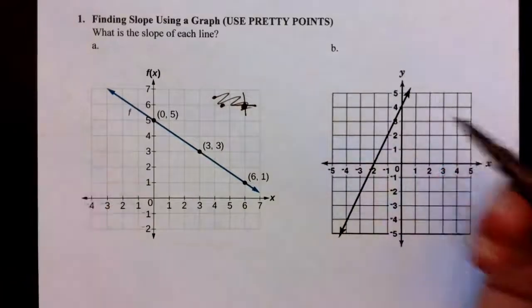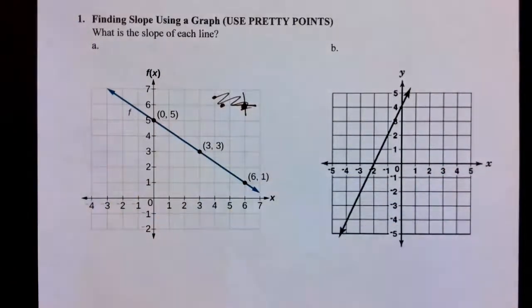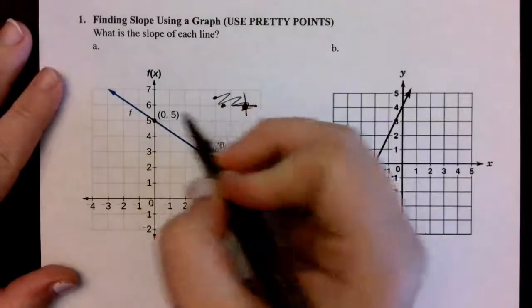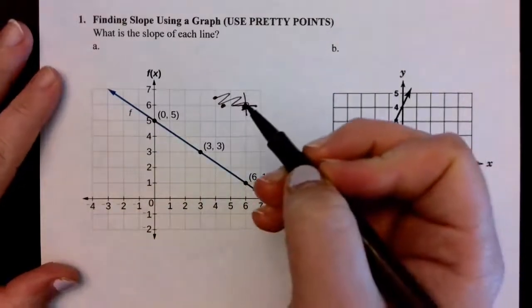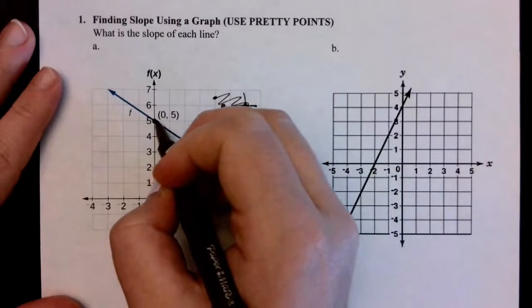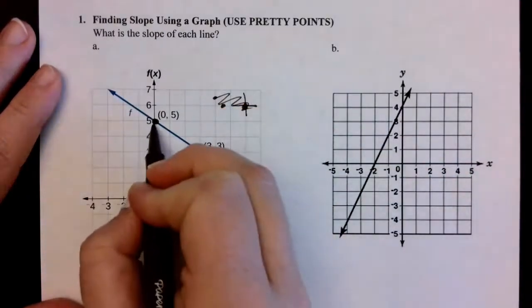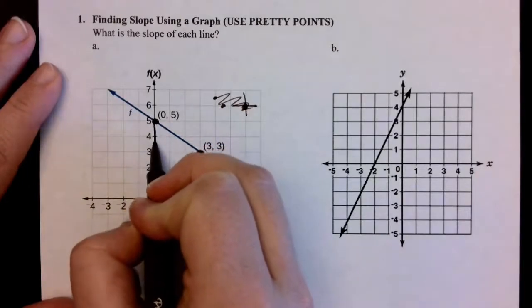In our first example, they give us a few pretty points. They say 0, 5, 3, 3, 6, 1. We can use any two of those points. It doesn't matter what two, because it'll be the same no matter what 2 points you pick, and I'll show you why. So if I just pick these 2 points, you always want to draw a triangle.